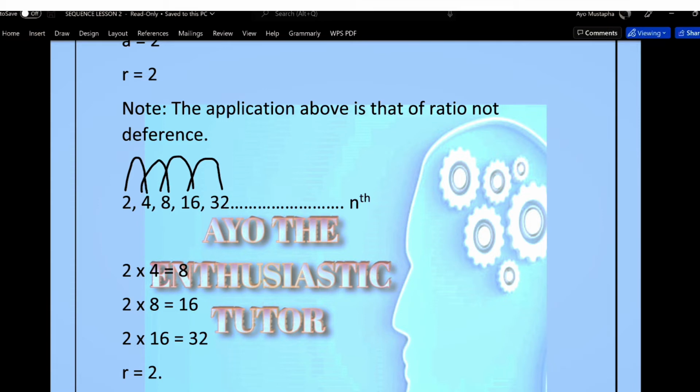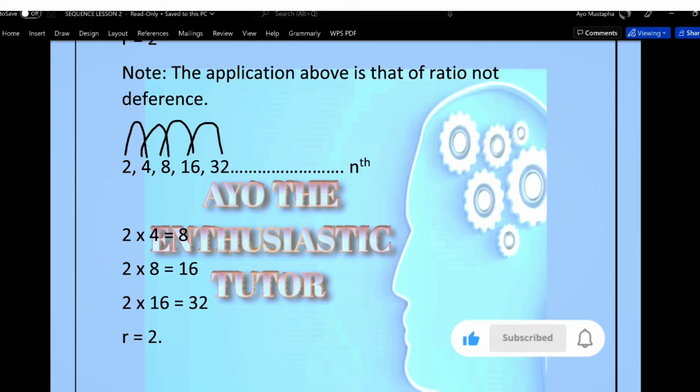As we have it here, 2 multiplied by 4, which is our second term, equals 8. 8 is the third term. Now, if you bring 8 and multiply it by 2, it gives us 16, which is our fourth term. Now, if you bring down 16 and multiply by 2, it gives us 32. And that's how we arrive at our ratio.